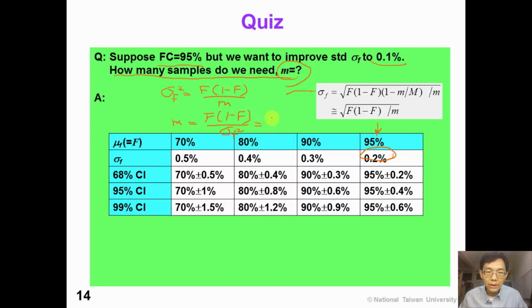If we plug in the numbers, this is 0.95, this is 0.05, divided by 0.001 squared. So the answer should be 47,500. Have you got it correctly?